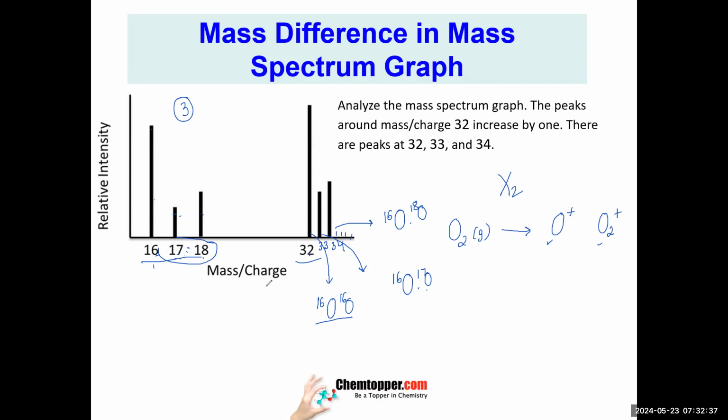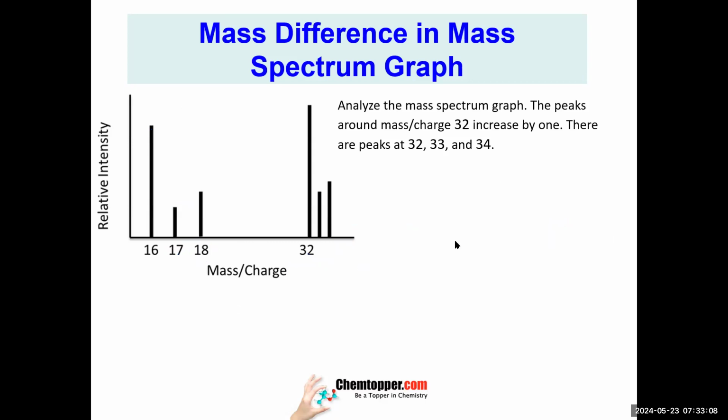Yeah, it can be. But can you just think that the percent is very less? So if the percent is very less, then the signal height will be very, very less, not this much. That's why I've taken all of them with 16. Because the signal heights are good, that's why I'm taking that. Most of them are with 16 only. Okay, good.